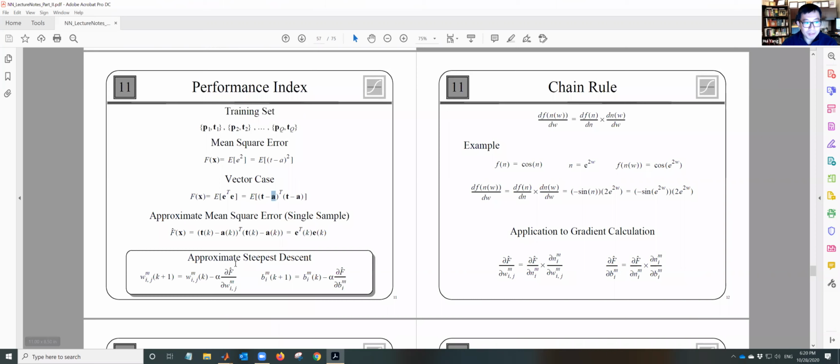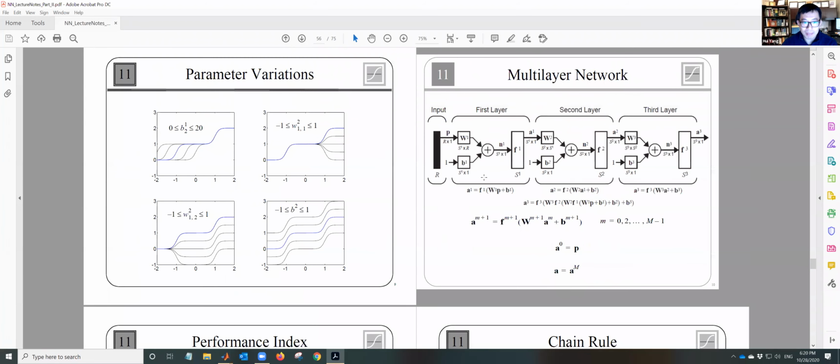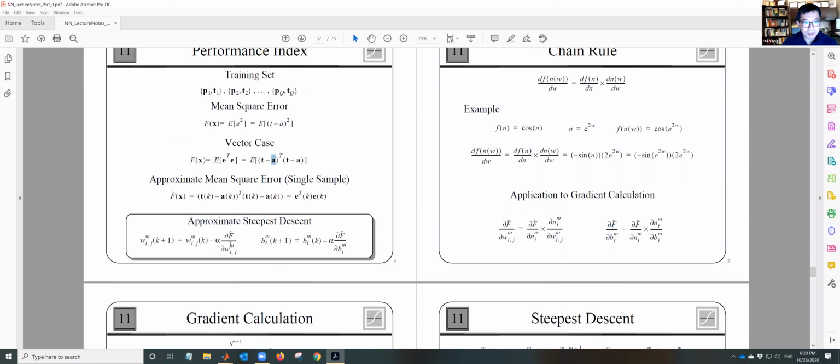Obviously, in the last layer, you have output. Now, if you know the gradient of this F with respect to every W, because within here you have W, B, W, B, W, B. If you know the mean sum of the square errors, and then you calculate the gradient with respect to all the W, obviously you can just use gradient descent.